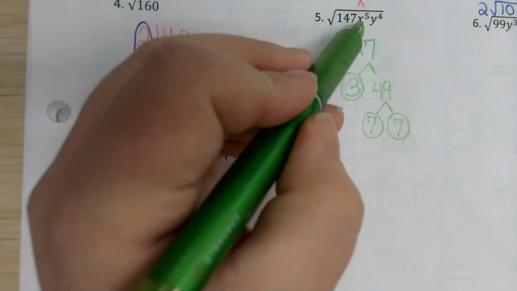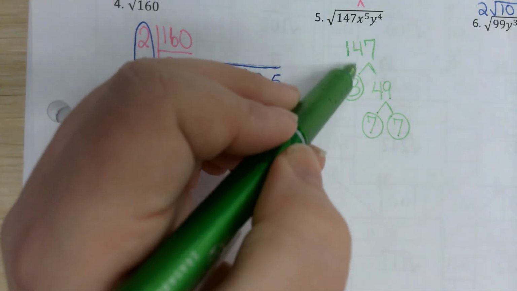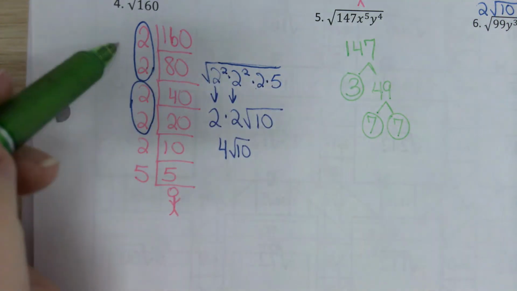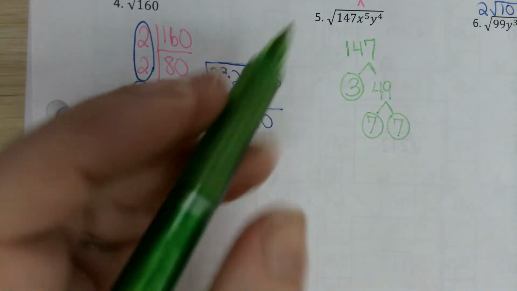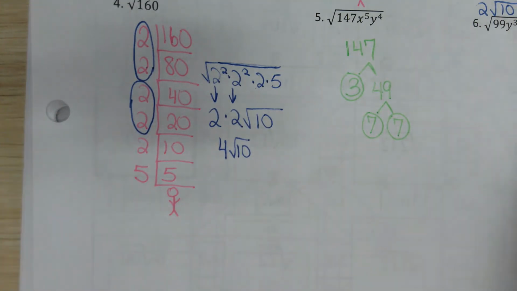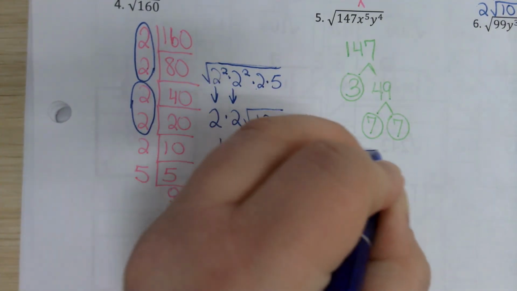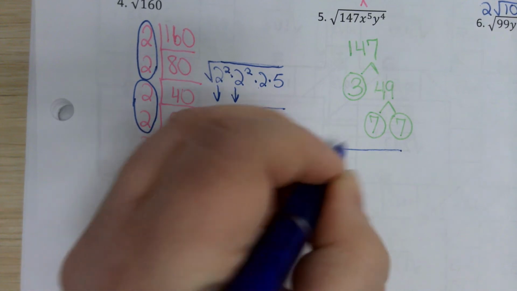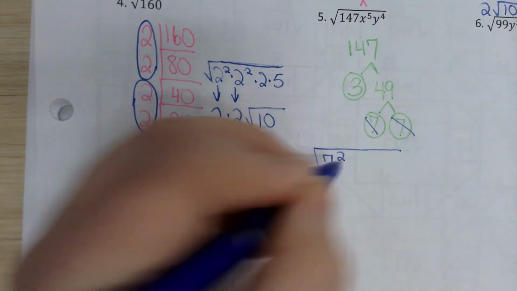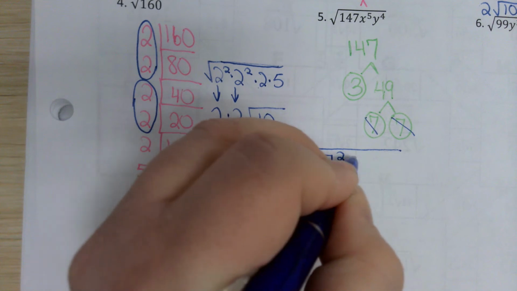Notice even though there's variables here, I started the same process for this one as I did all of the others. We are looking for pairs, and so I have the square root of, there's a pair of 7's, 7 squared, and a little 3 left over.